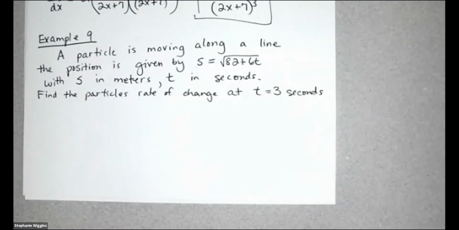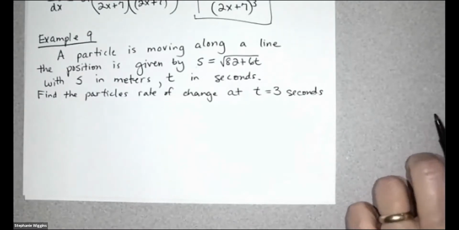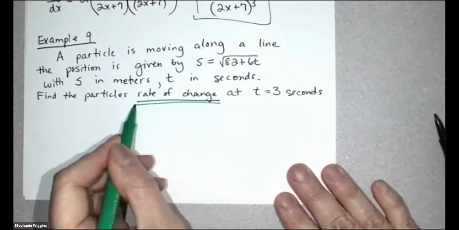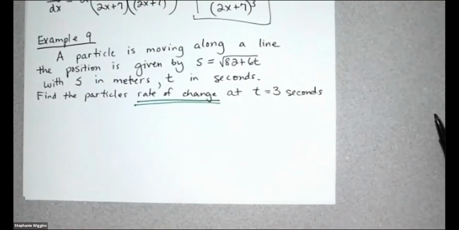Okay, rate of change. When you see rate of change, we're not talking about average rate of change. Remember, the average rate of change is over an interval, so between 2 points, and you're calculating the slope of the secant line. The rate of change is actually the derivative of the function, and that is when that interval becomes collapsed down to a single point.